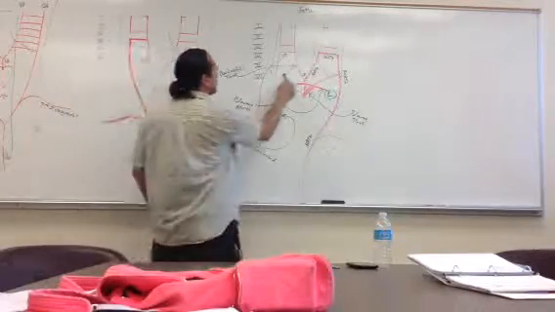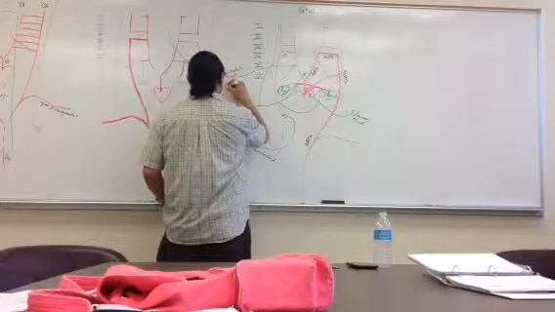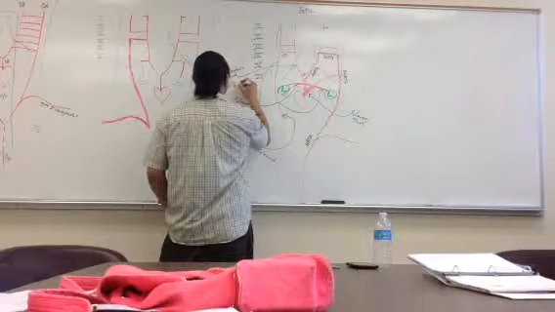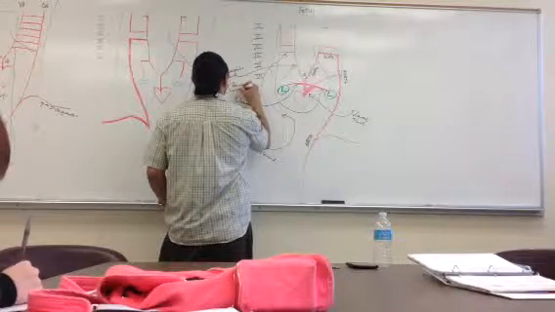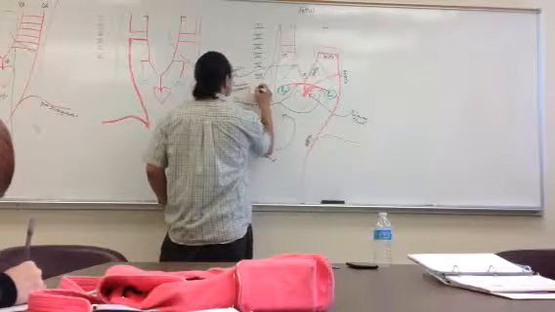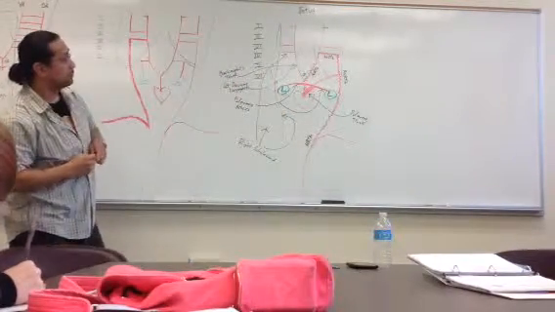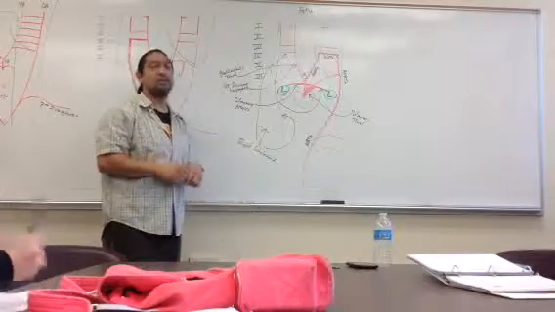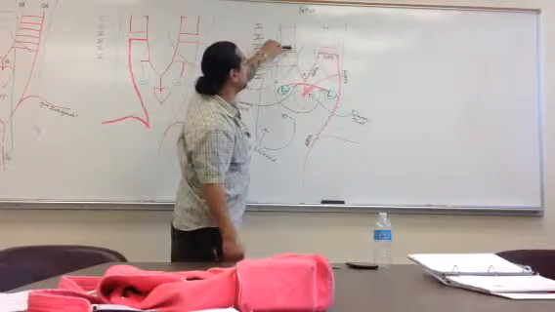So when we look at this, what was this thing? And it's hooking around what? Which one? Right subclavian. Okay, now, that was the right subclavian, so what's this thing right here?